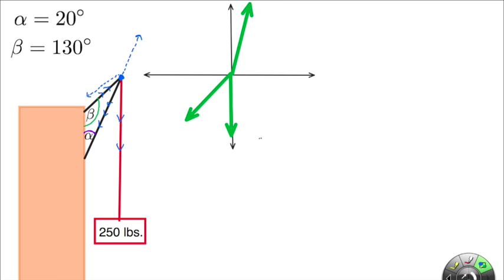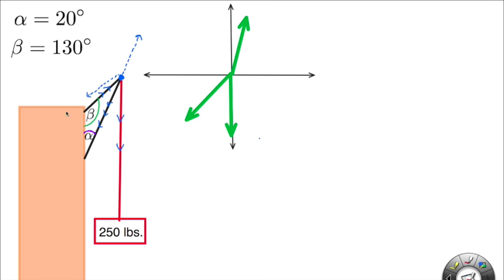Kind of like that. So what happens is, if this object is going to sit still, then the sum of these forces has to be zero. So the force of the weight going down, the force of the pole pushing up, the force of this pole pulling it towards the building, they all have to add up to zero.